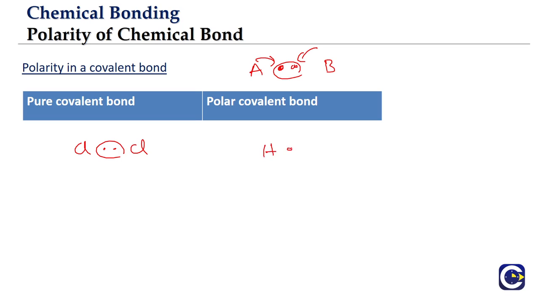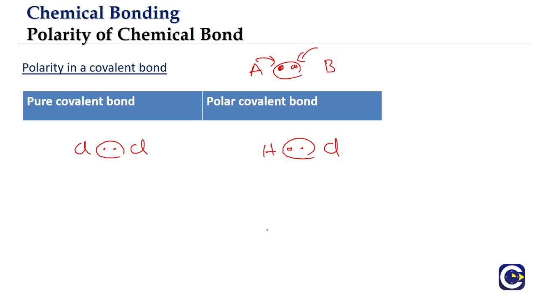How about a covalent bond in HCl? In HCl, there is a covalent bond between hydrogen and chlorine, but chlorine is more electronegative. As a result, the shared pair of electrons, if you remember the definition of electronegativity: it is the ability of an atom to pull the shared pair of electrons toward itself in a covalent bond.